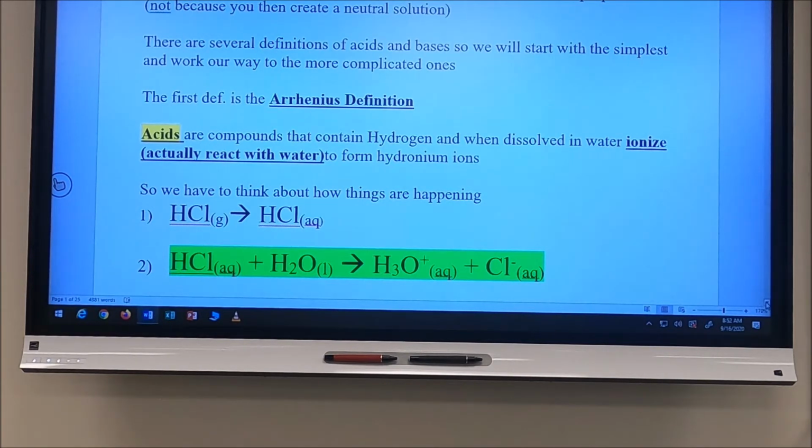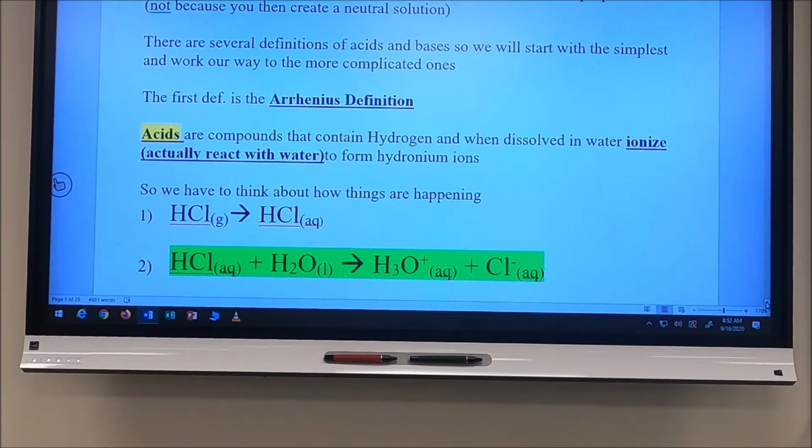Now, there are three different definitions for acids and bases. We're going to start with the simplest definition, and then we're going to work our way to the more complicated definitions. So our first definition is Arrhenius's definition. Now, we've met Arrhenius before.